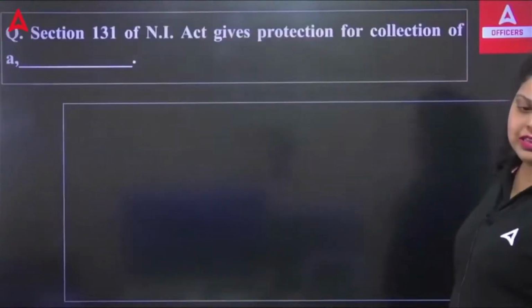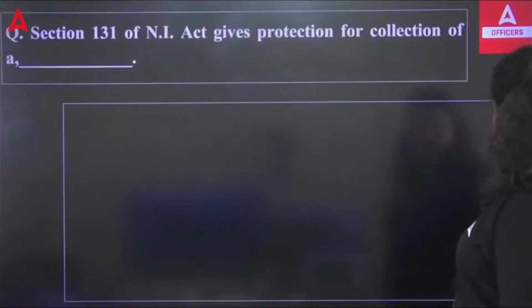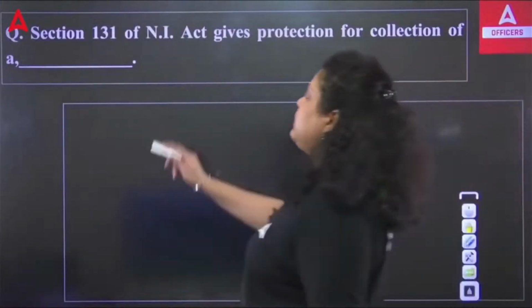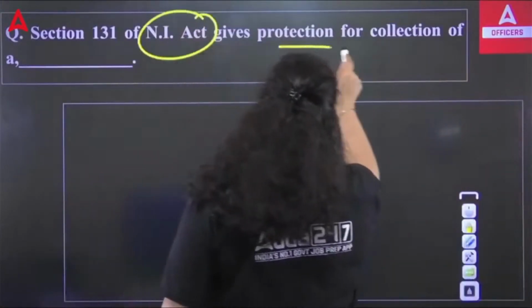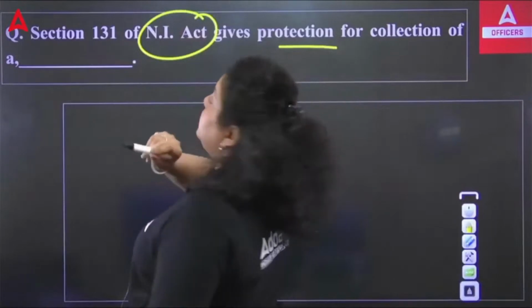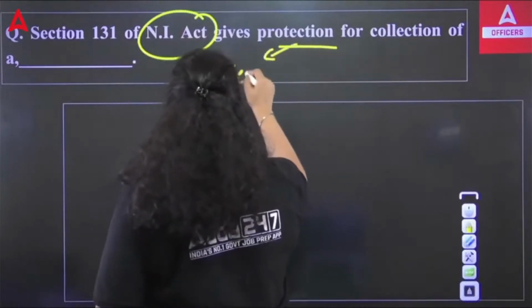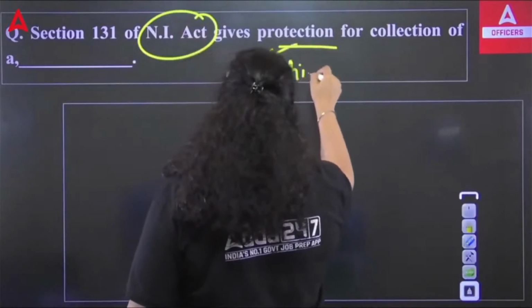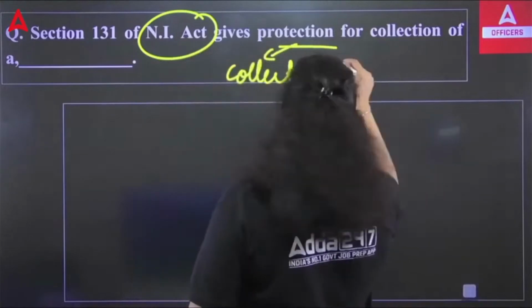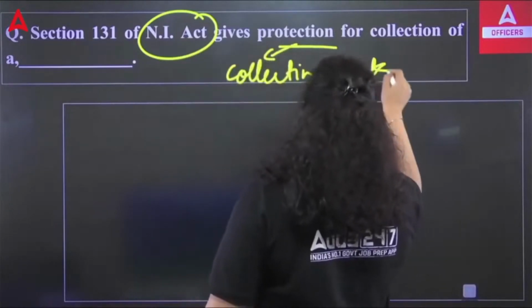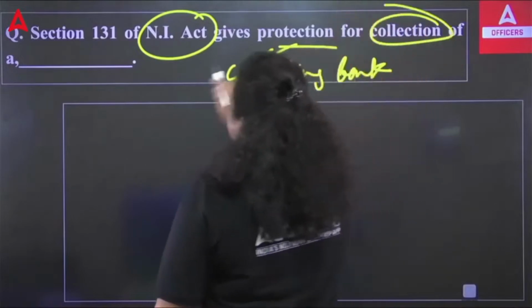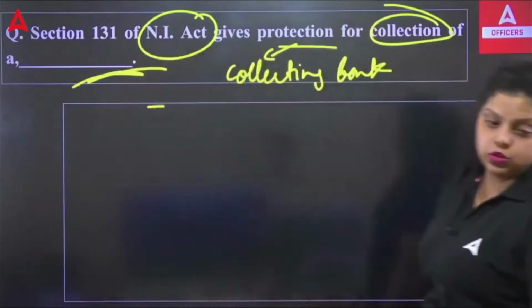So this is the question that is related to the first question. It asks: Section 131 of the Negotiable Instrument Act gives protection for collection of a dash. It gives protection to the collecting bank, that we have seen, but it gives protection for collection of which of the following instruments? That's what the question is asking.